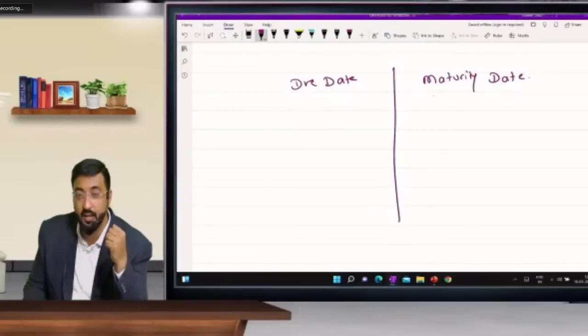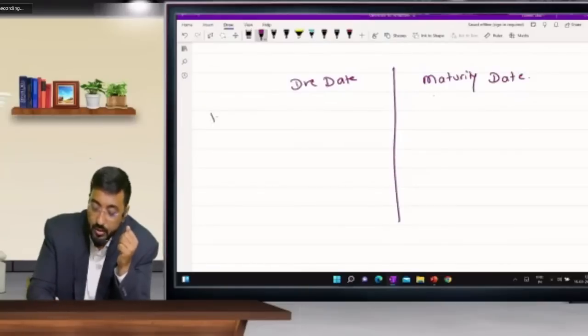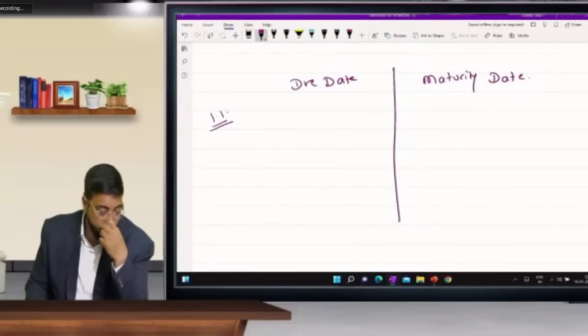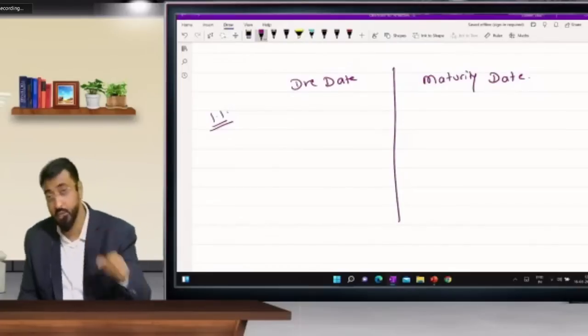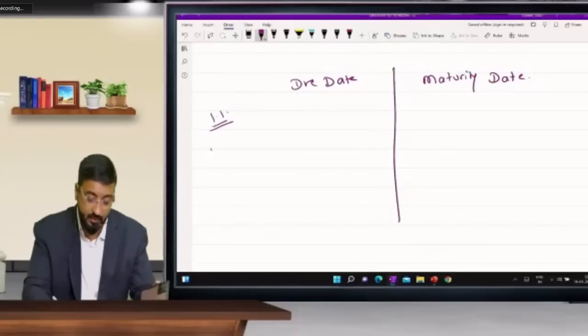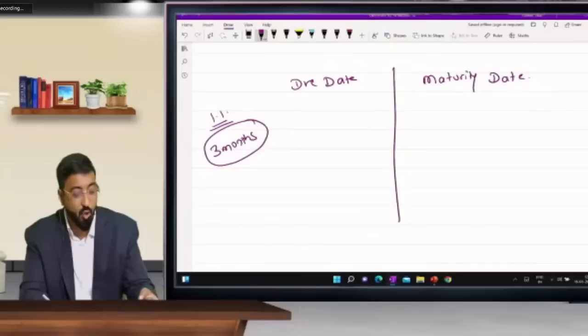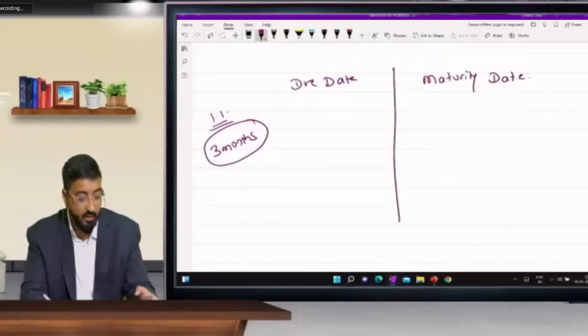What is the technical difference? Suppose bill is drawn on 1st of Jan for 3 months.